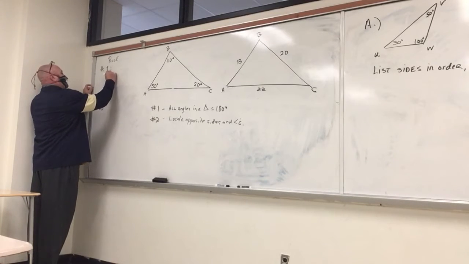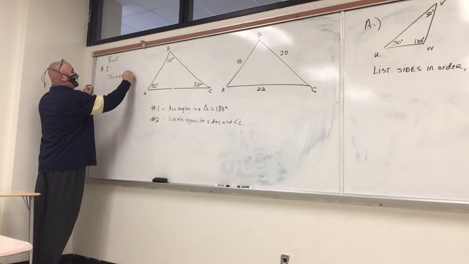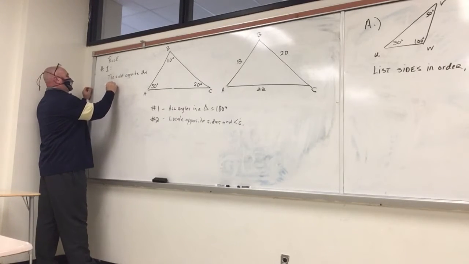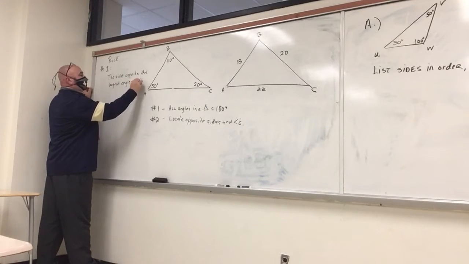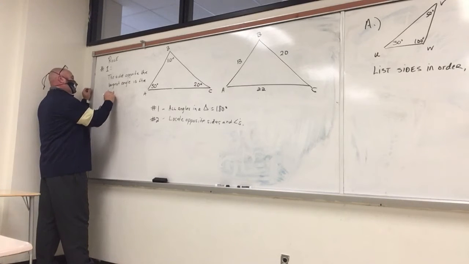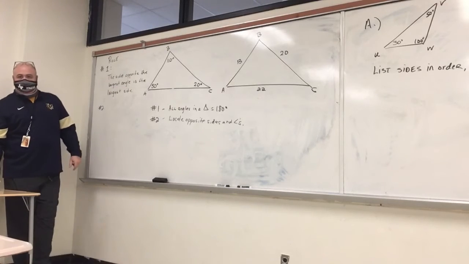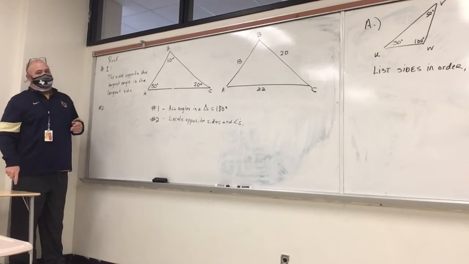The side opposite the largest angle is the largest side. That don't make a whole lot of sense, does it? Sure it does. Look up here. Don't try to make this hard because it ain't hard.